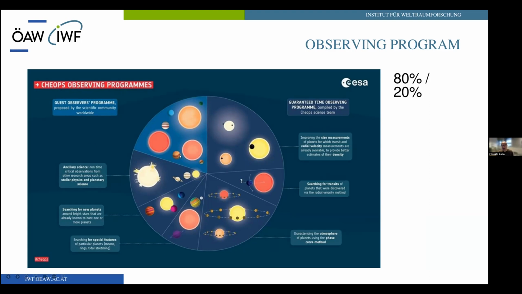The lion's share of this 80% goes to a working group called MR Improve, that aims at improving the measurement of planetary radii of small planets.